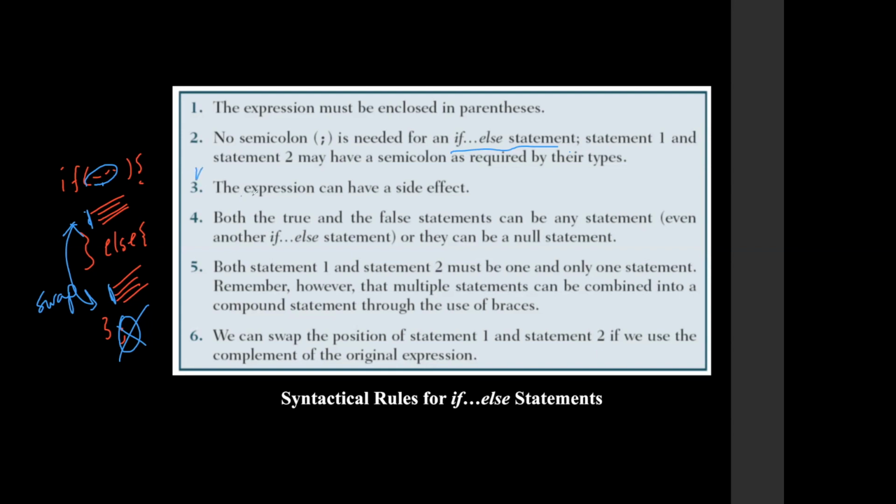Let's look at this: an expression can have a side effect. Yes, that's true. An expression could be a variable, and let's say this variable is an integer. If you write something like if (i++), and no one would do this, i++ is a side effect, meaning when you execute this, your i also gets incremented.